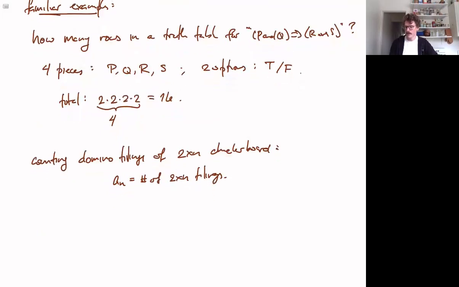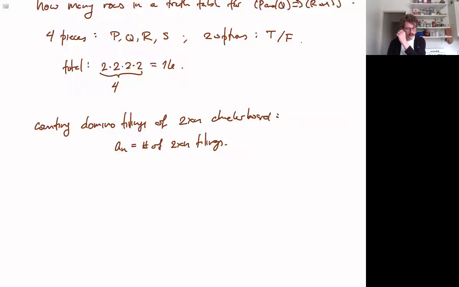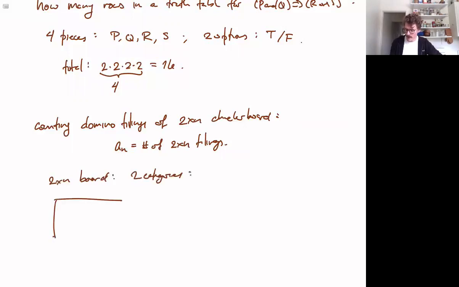Well, remember, the argument that we gave was that if you have a 2 by n board, you can split it into 2 categories, namely, by looking at what happens on the leftmost 2 squares.